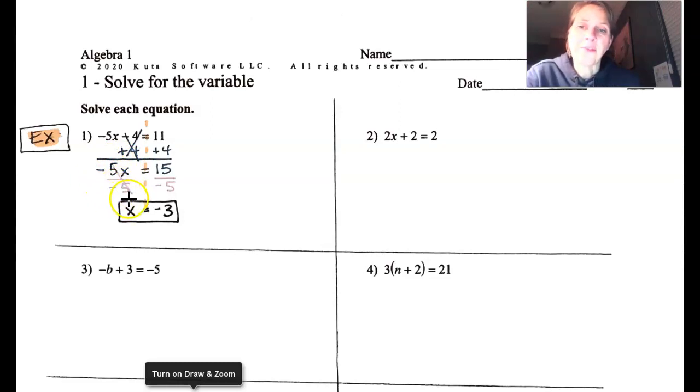So I divide by negative 5 here, and because I divided by negative 5 on this side of the equal sign, I have to divide by negative 5 on this side of the equal sign. So the negative 5 divided by negative 5 cancels out, and that equals 1. So I have 1x. And I'm only calling it x because it's a little redundant to call it 1x. There's only 1x, and so that's why we just write it as x. And then 15 divided by negative 5 gives me negative 3. So that's how I got this answer for this example.